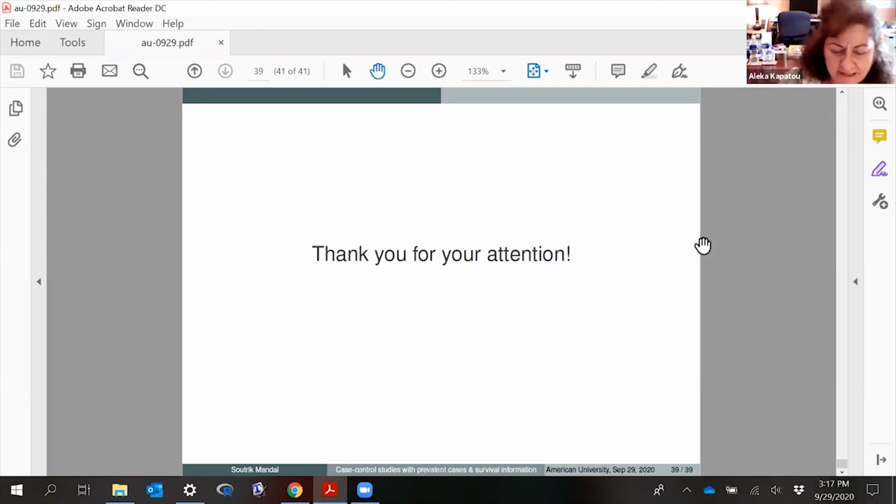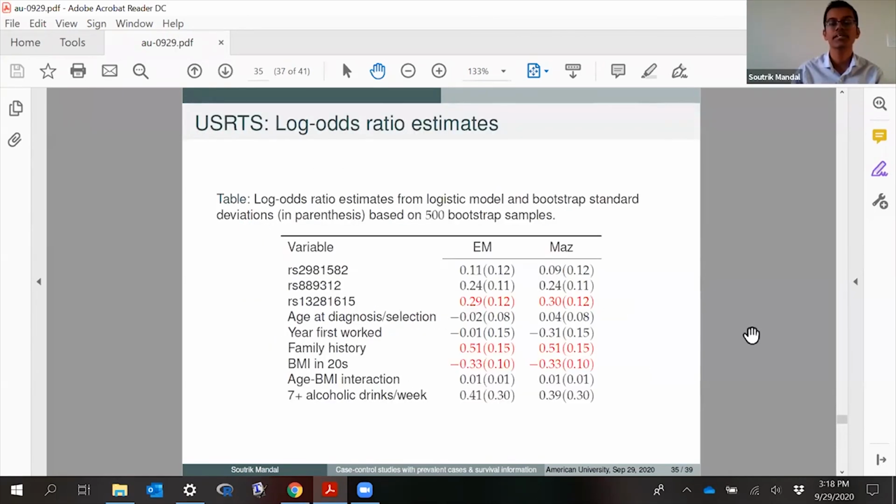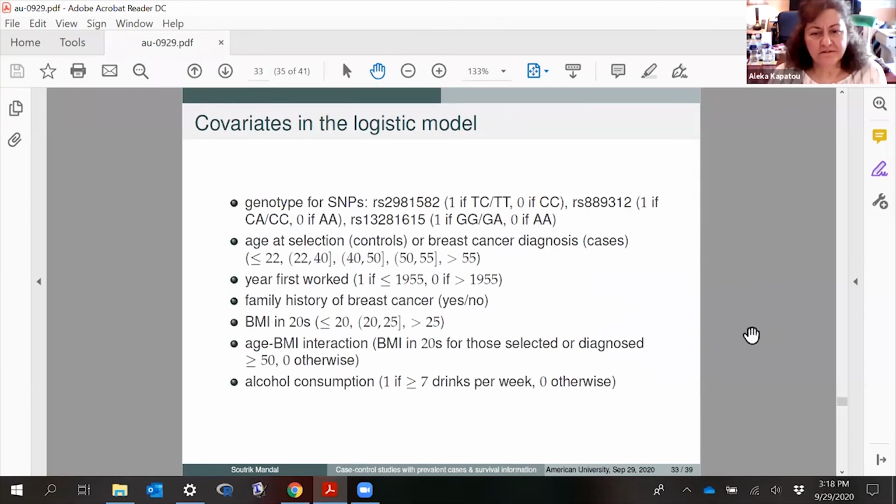Okay, while we're waiting, I have a clarification question for you. You have year first worked and you have defined it as before or after 1955. What is the significance of 1955? So this was from the questionnaire. This wasn't something that we defined, it's how the data was collected.